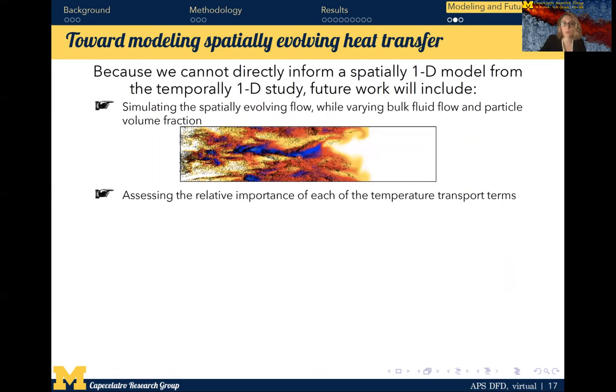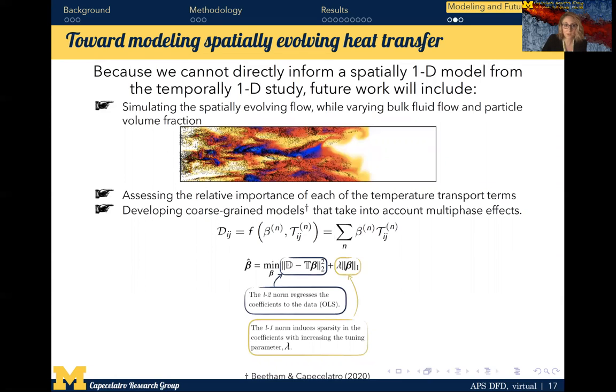assessing the relative importance of each of the temperature transport terms, and then developing coarse-grained models that take into account multi-phase effects.